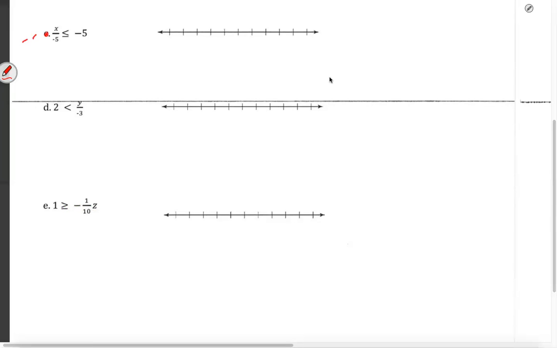Yeah, multiply by -5. So they cancel. I have to flip my sign. And that gives me x, flip my sign, 25. So I have a closed circle at 25. I'm now eating the x, so I shade to the right.